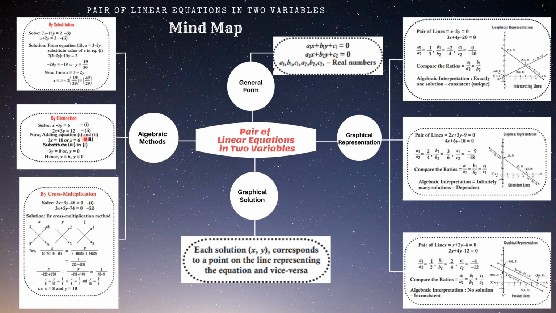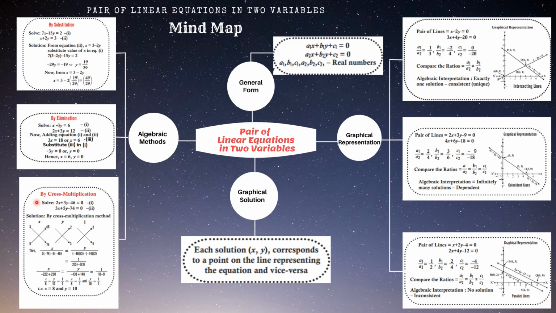Substitution and elimination methods are what we are going to focus on, and this is another method which we can also use in order to solve for x and y. I'm not going to go into the details of this because it is not there in this particular reduced syllabus.